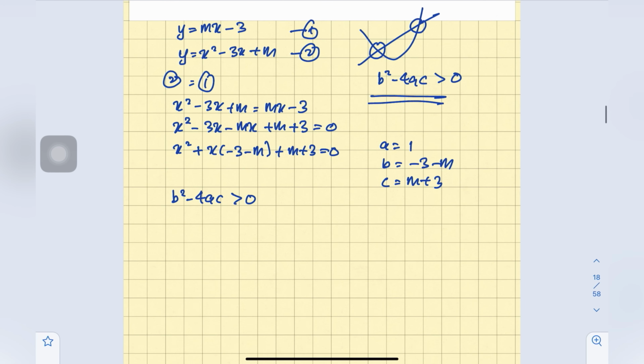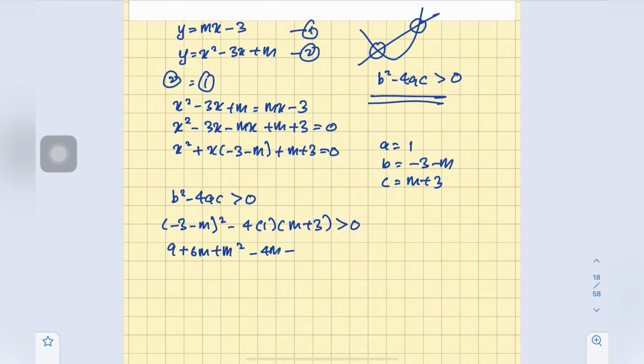Okay, so we substitute. b is negative 3 minus m, squared, minus 4, a is 1, c is m plus 3, more than 0. Then we simplify. This becomes 9 plus 6m plus m squared minus 4m minus 12 more than 0.